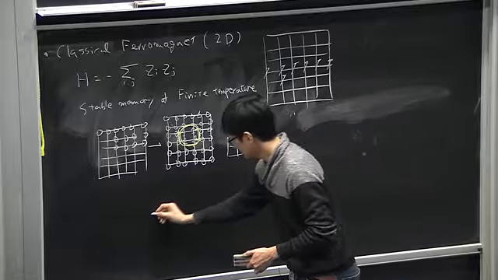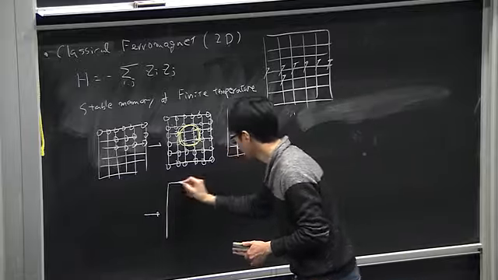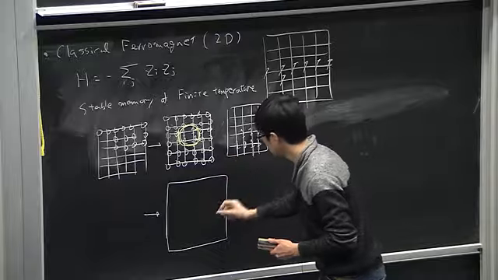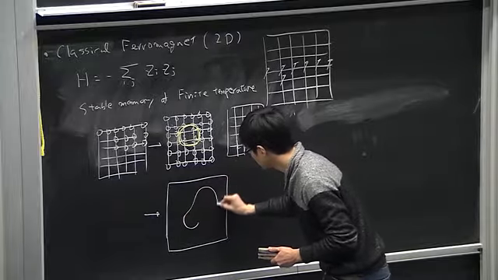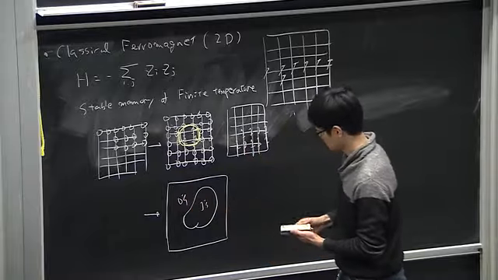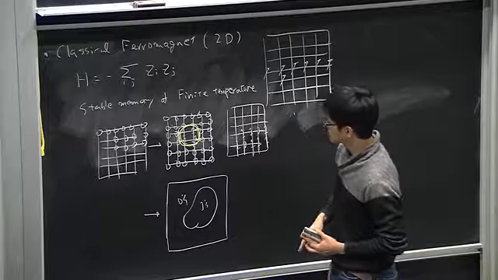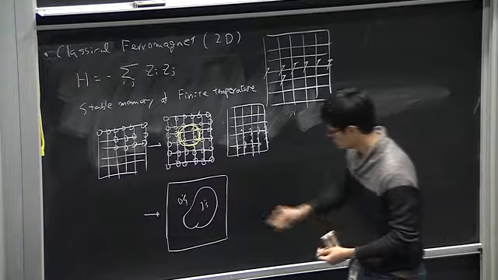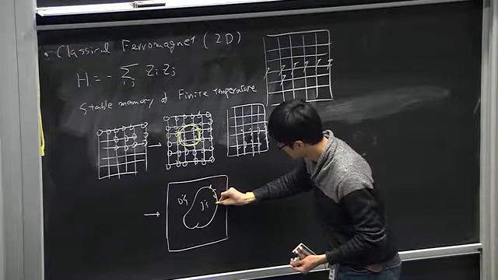But then if this system is very, very big, then at some point, in order to go from all zero state to all one state, you need to create some very, very big island of ones and zeros. But this is ferromagnet where your spins want to be aligned. So there is an energy penalty here.